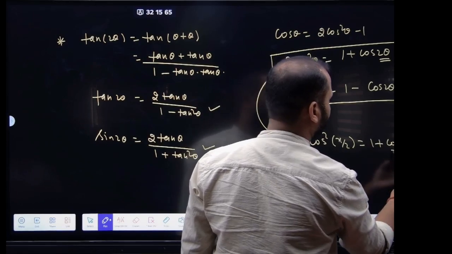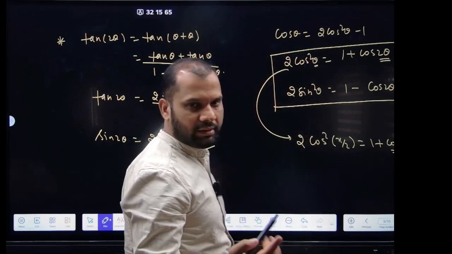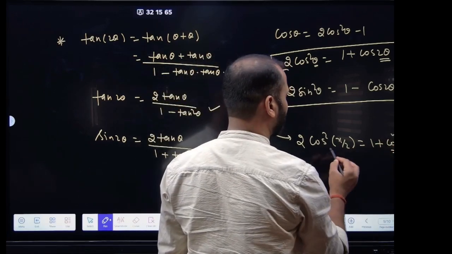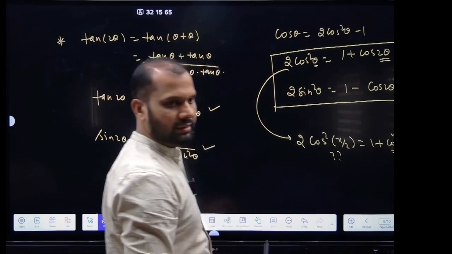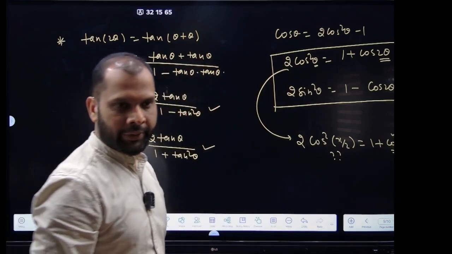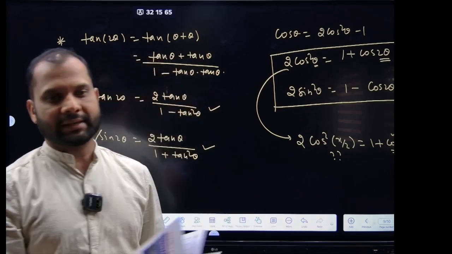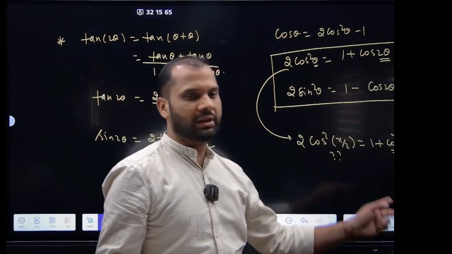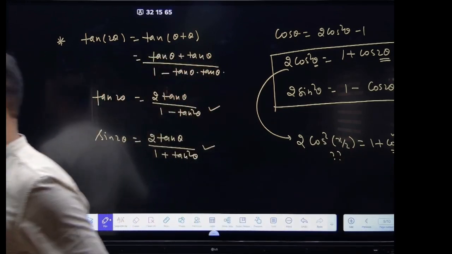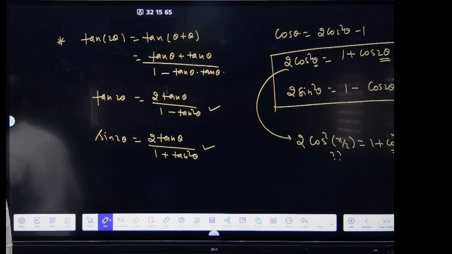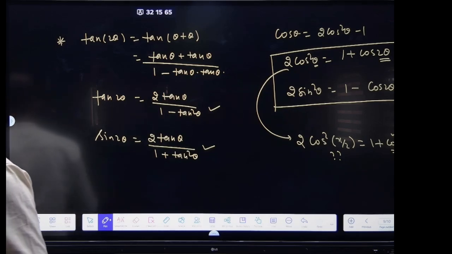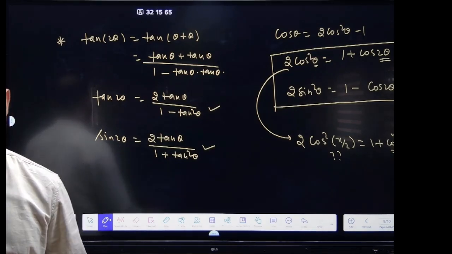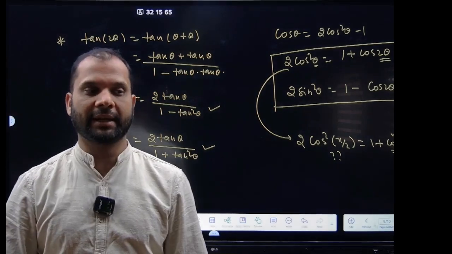Can you calculate cos x? From the triangle I can calculate cos x. Once you have cos x, this can be calculated. Tan x is positive in the third quadrant, but cos x is positive or negative? Negative. So you should take the negative value.